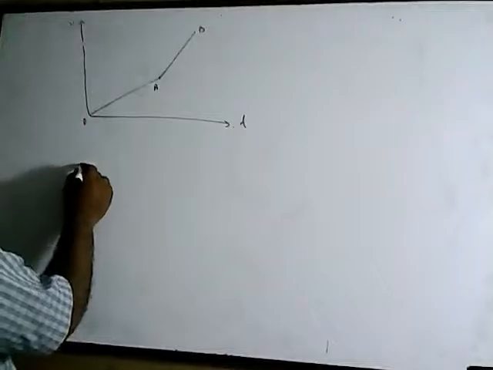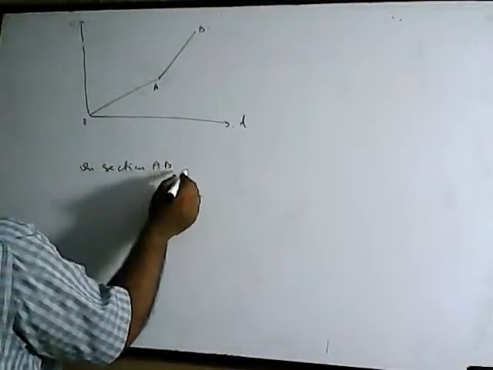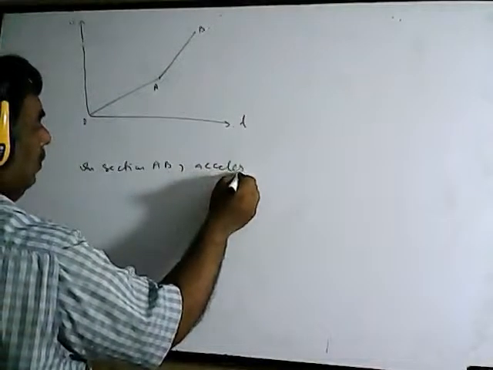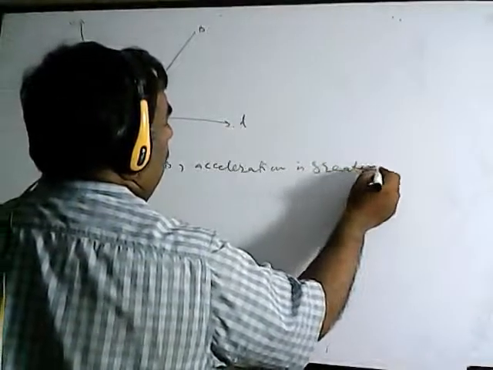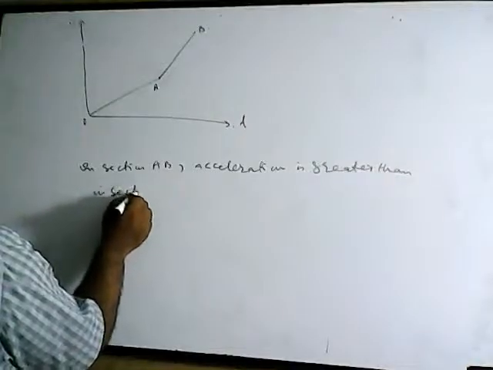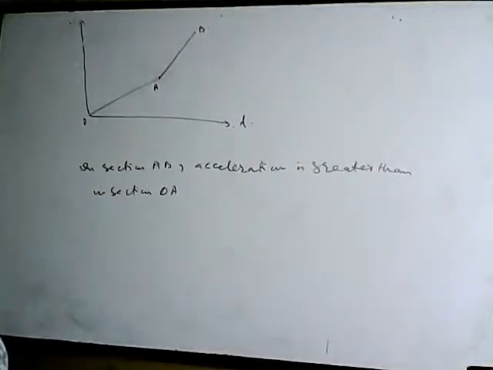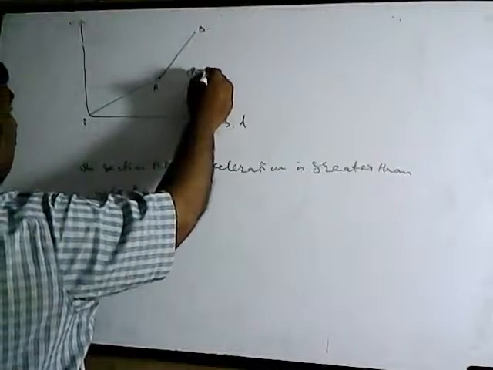But in section AB, acceleration is greater than in section OA. So I can say this is the increased acceleration actually. So increased, not increasing.